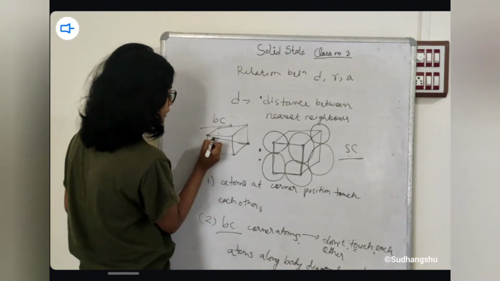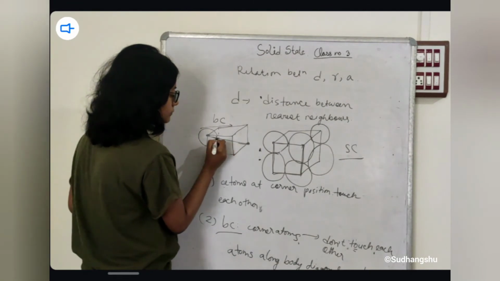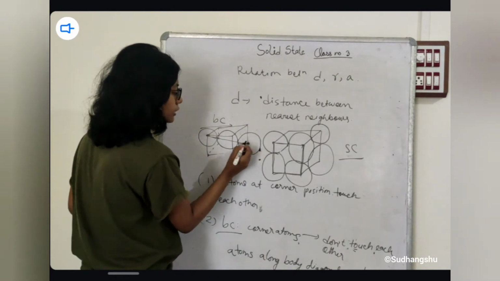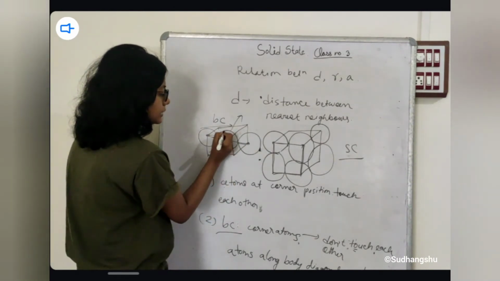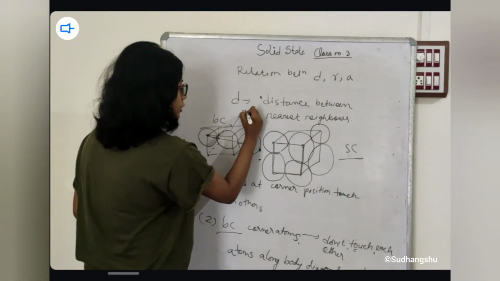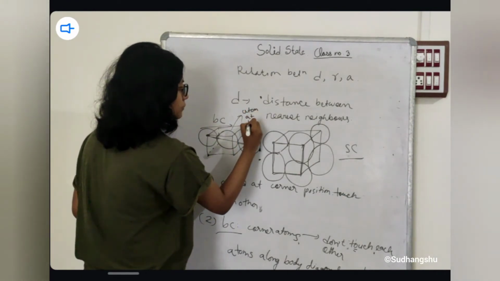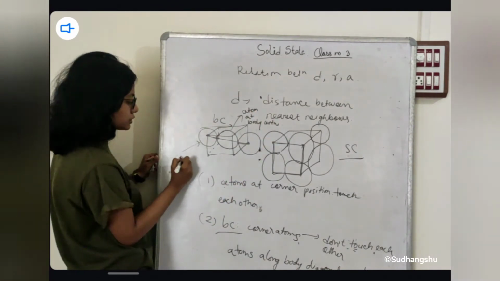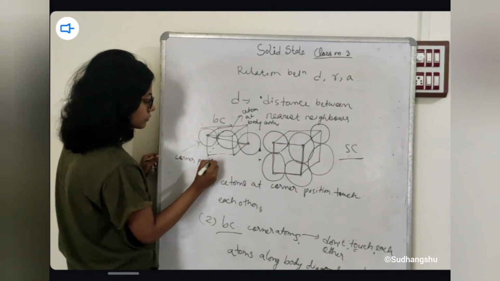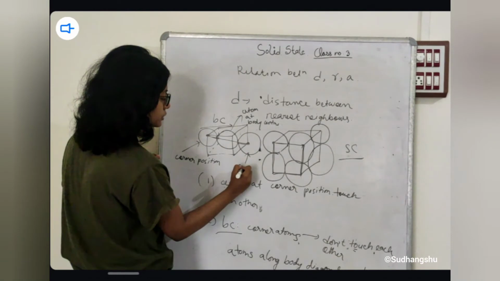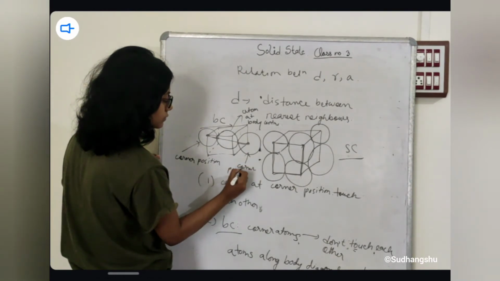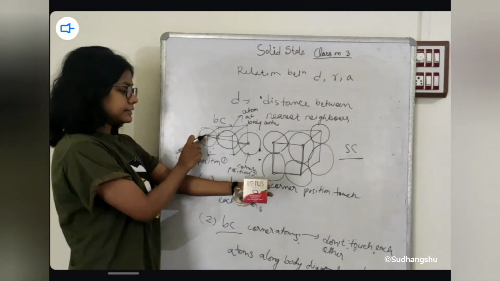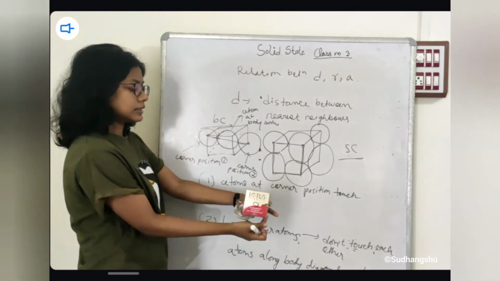This is the body diagonal. This is a corner atom. This atom is at the center of the unit cell, the body center, and this is the corner atom at the opposite corner.